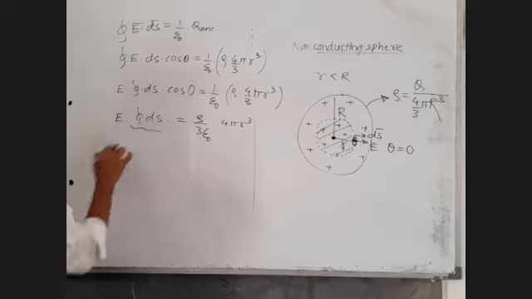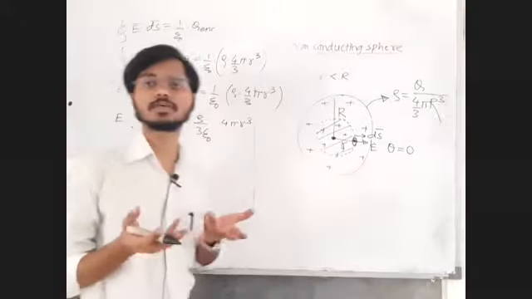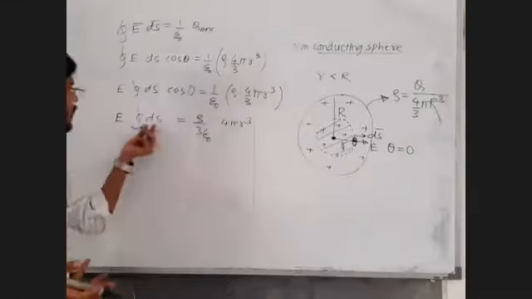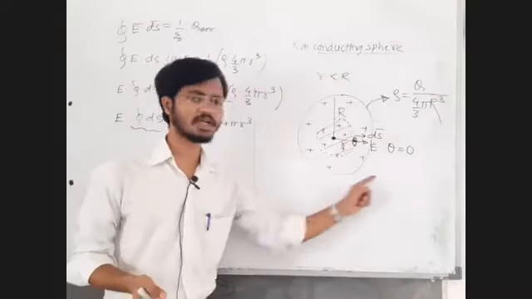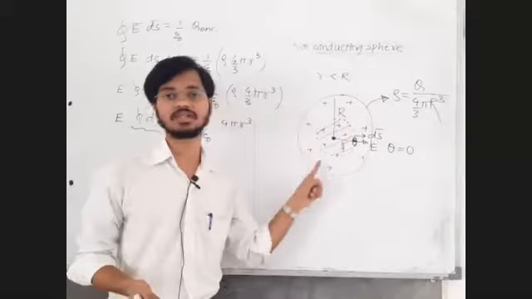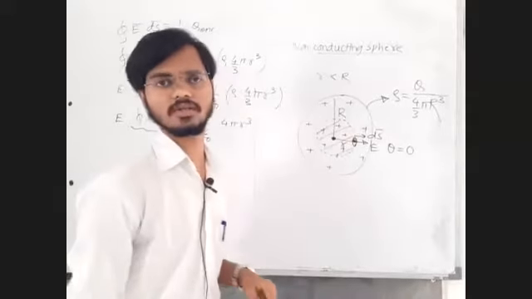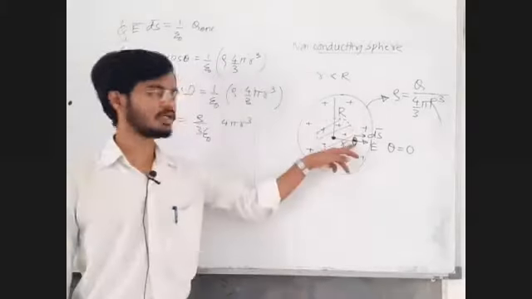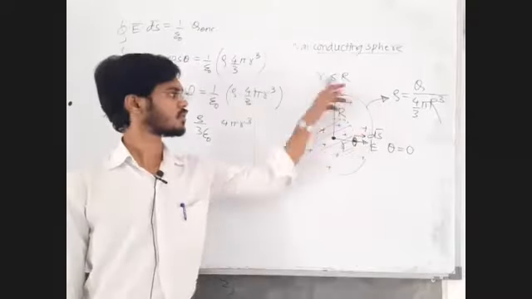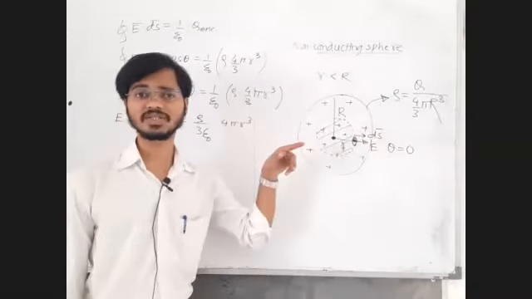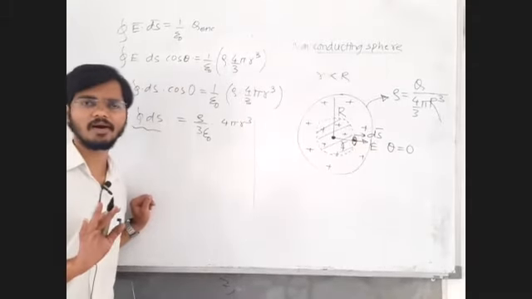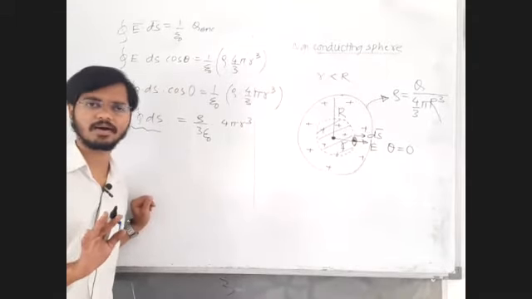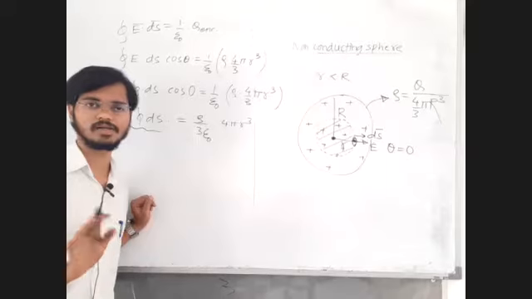Now this closed integration of ds, of whom? Which ds? Surface area of the object or the Gaussian? Reply to me. Object or Gaussian? O or G? Correct Manali, correct Ansh.